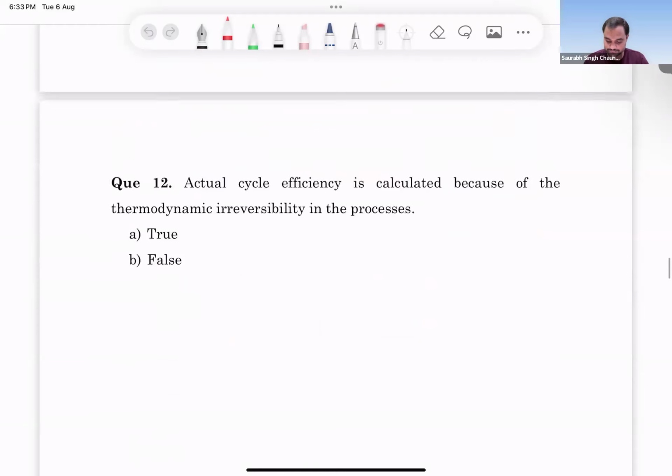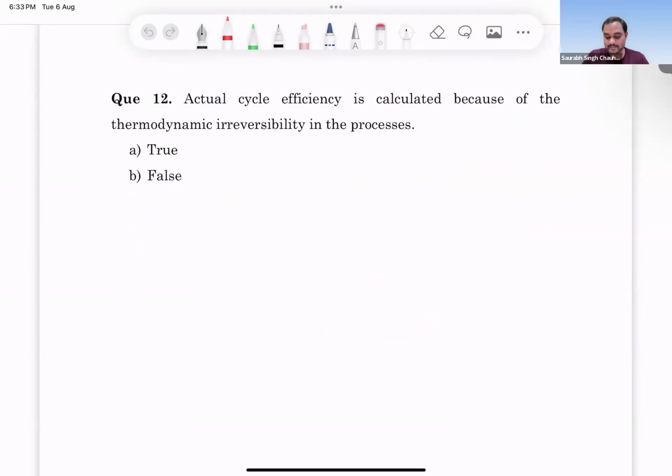Question 12 says that the actual cycle efficiency is calculated because of the thermodynamic irreversibility of the process. There are two cycles. One is the ideal cycle, in which there is no irreversibility, and there is the actual cycle, in which there are irreversibilities.